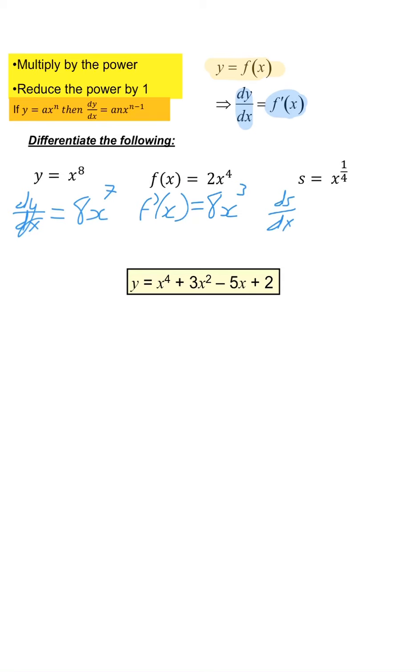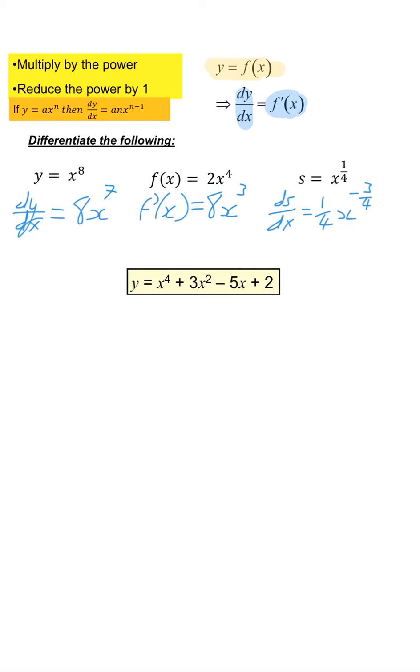So multiply by the power, so it becomes a quarter. And then a quarter minus 1 will be minus 3 over 4. And that's it.